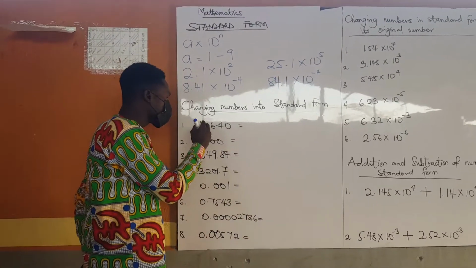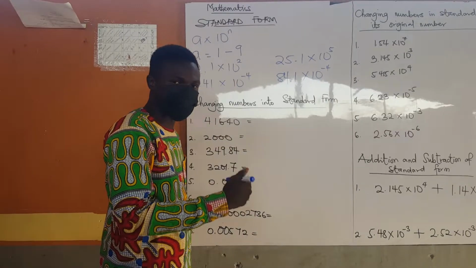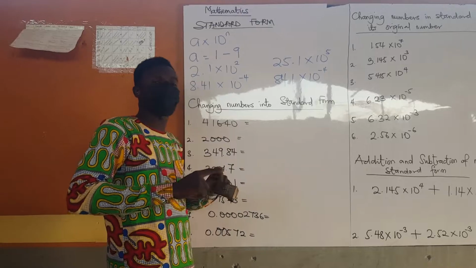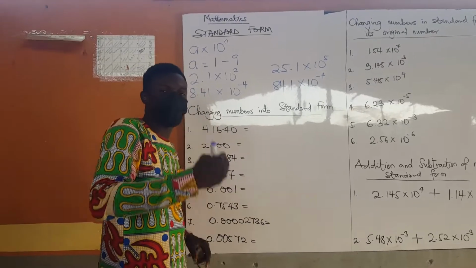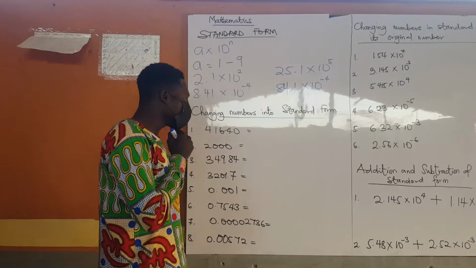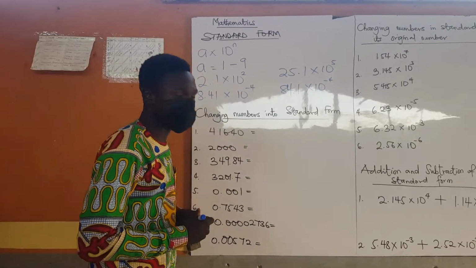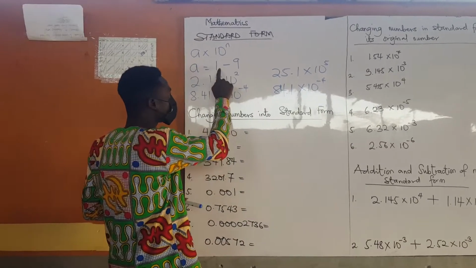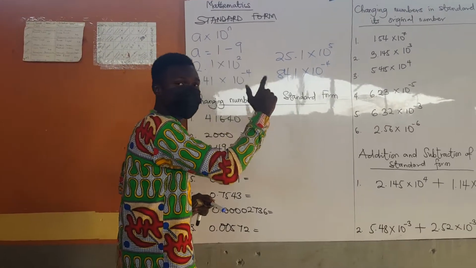Now this number is 41,640. It is a whole number. Since this number is a whole number, how can I change it into standard form? To change a whole number into standard form, we have to get the number that falls within the range 1 to 9.